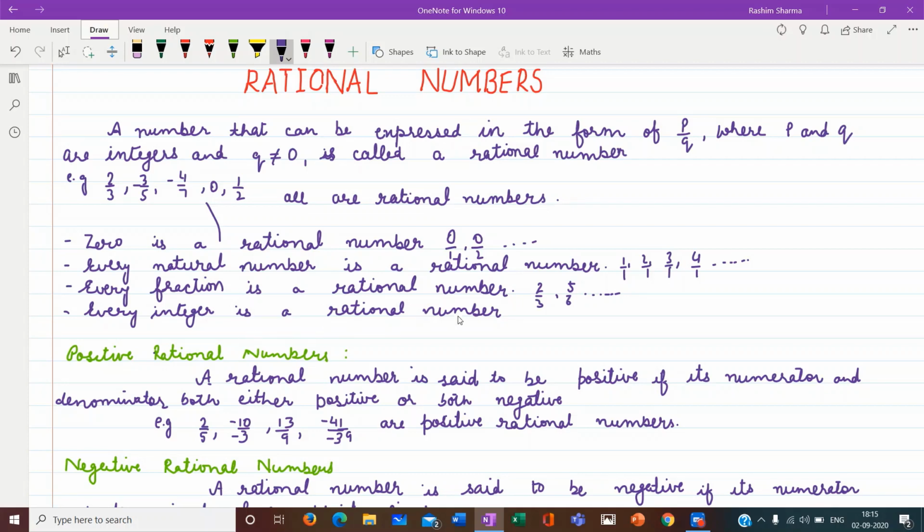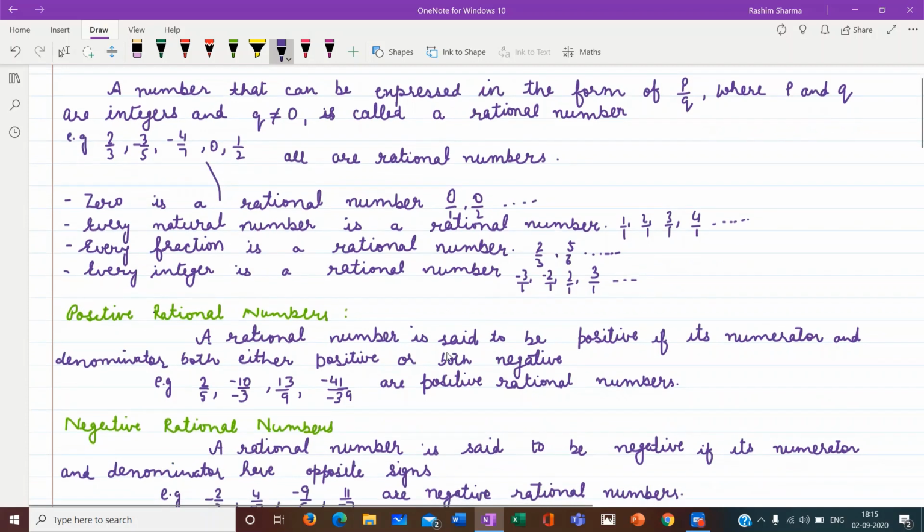Every integer is a rational number. Integers mean minus 3, minus 2, 2, 3. How are they rational numbers? Because we can write 1 in the denominator of each integer. So these are examples of integers as rational numbers.